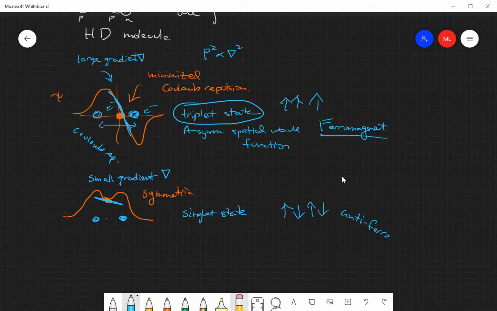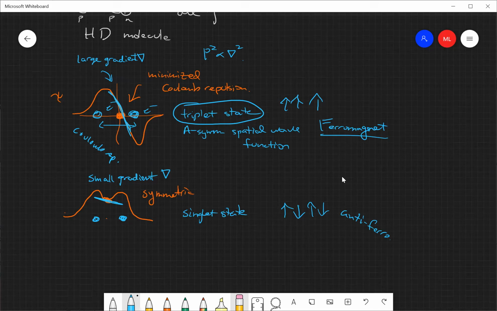And that'll depend on the properties of the solid. But that's at least a very hand-wavy explanation, using identical particle statistics, of why solids can be ferromagnets or anti-ferromagnets, which is hard to understand otherwise. Why would you get an anti-ferromagnet? It's very strange to think about using just purely classical intuition.